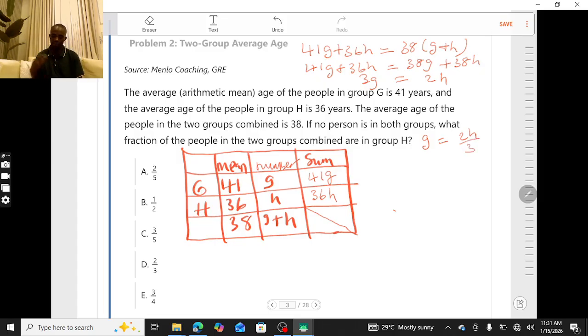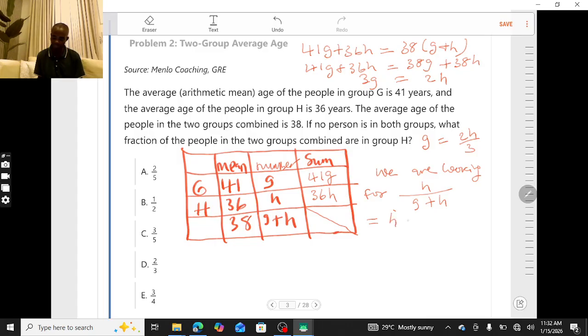So the total is G plus H. What we are looking for, remember, is H over G plus H. That is exactly what we are looking for, H over the total, right? Yes. Okay. H is still H, don't forget.